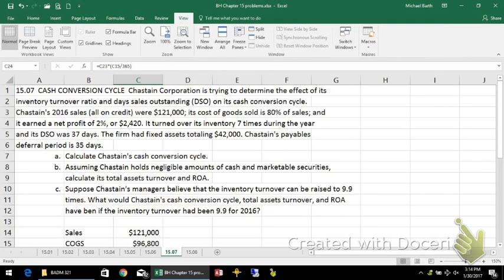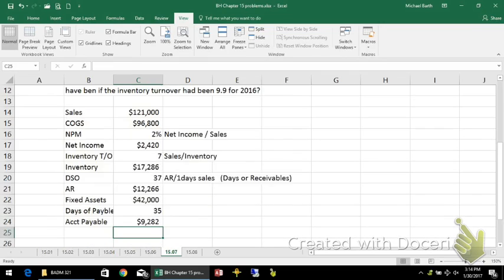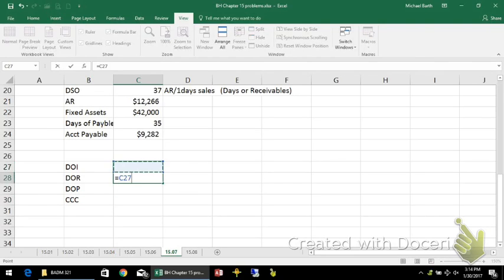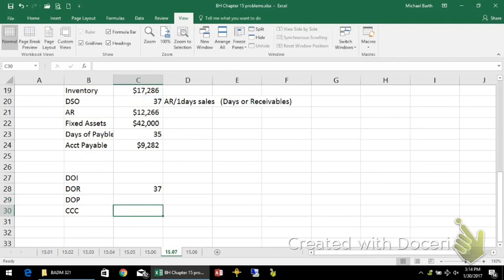Now calculate Chastain's cash conversion cycle. Days of inventory plus days of receivables, minus days of payables, gives you the cash conversion cycle. I'm given the days sales outstanding, that's 37, and the days of payables, that's 35.